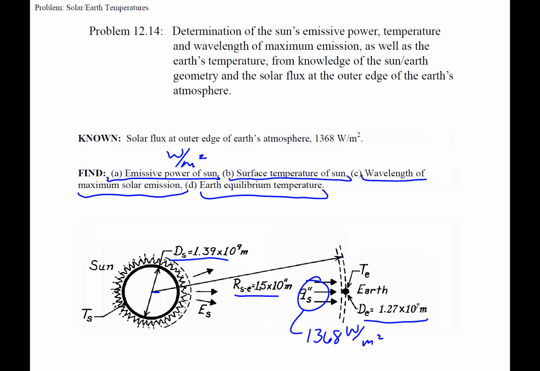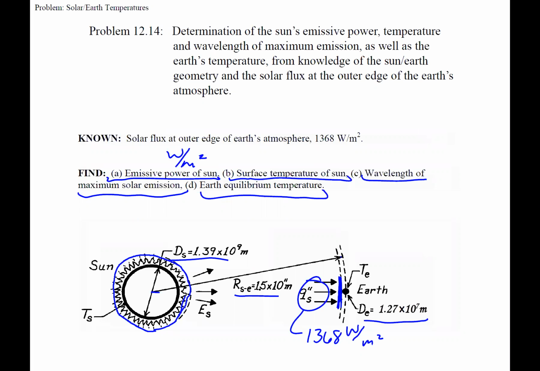So the only thing we have right now that deals with power is this solar radiation incident at the outer surface of the Earth's atmosphere. So this value is what's happening right there. Well, we can take that value and back calculate from conservation of energy what it would be when it leaves the Sun's surface.